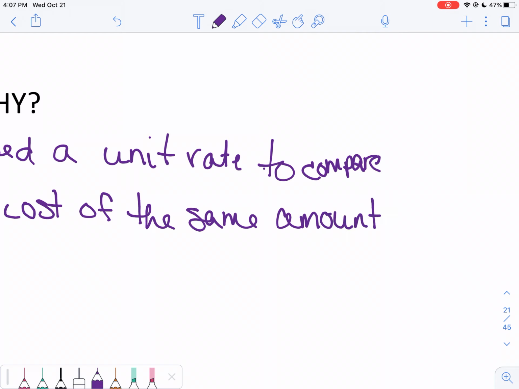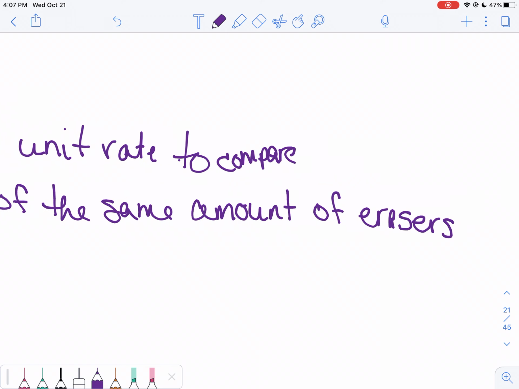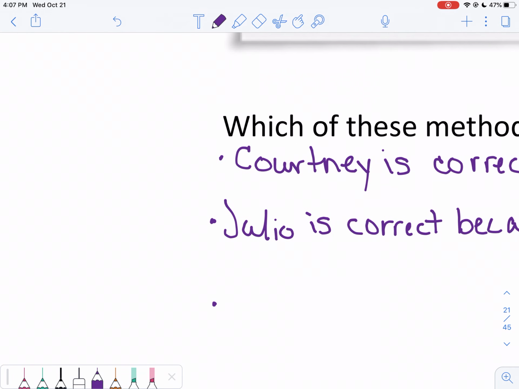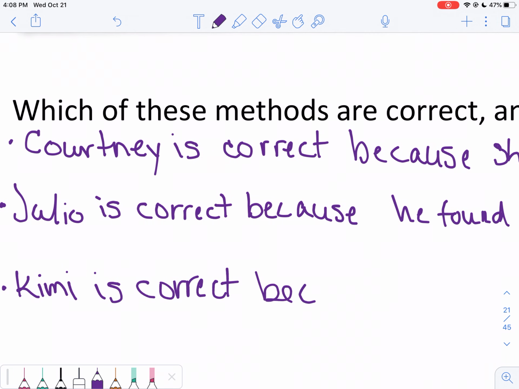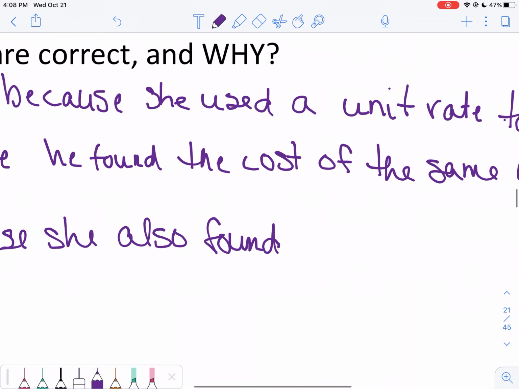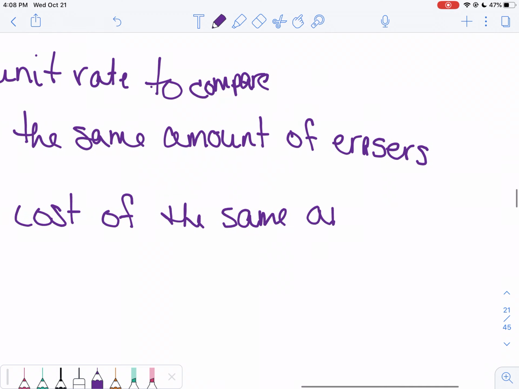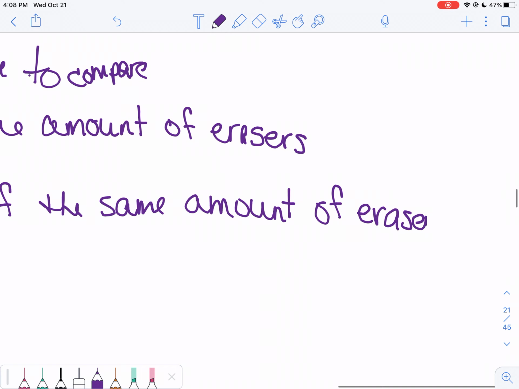And Kimmy is correct because she also found the cost of the same amount of erasers. Okay.